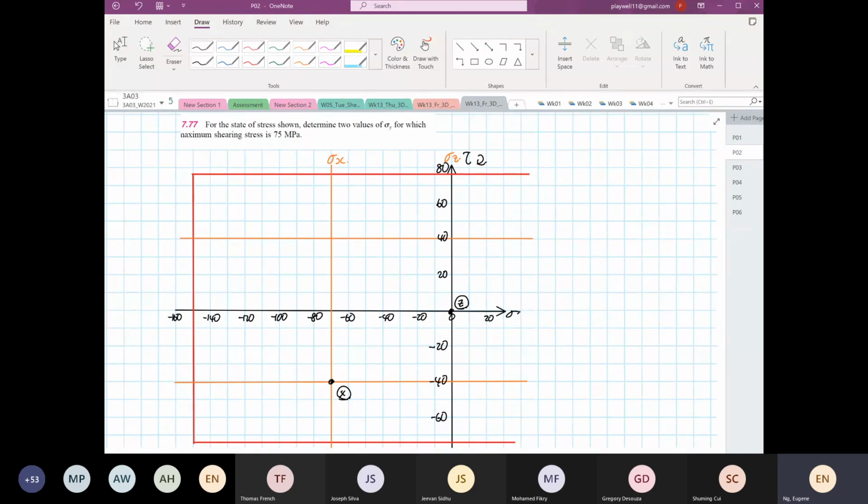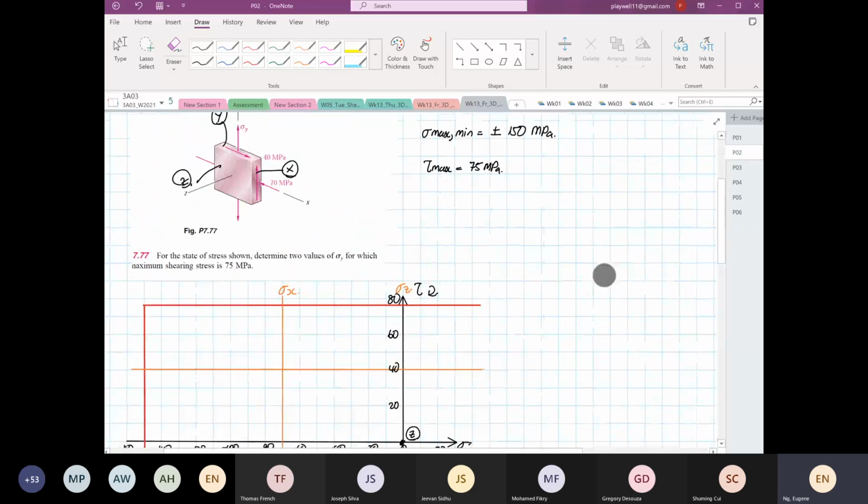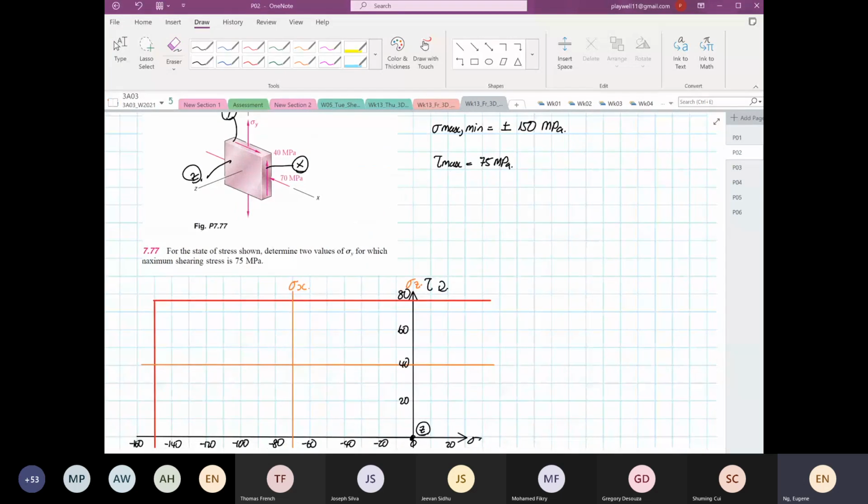So another way to find the other stress Y value is to let stress mean be the control.